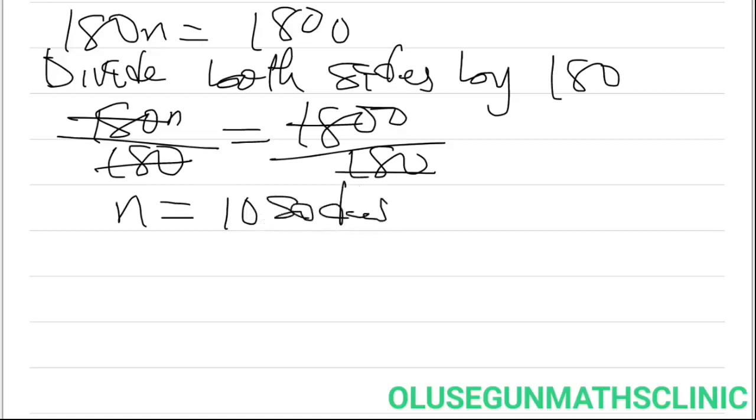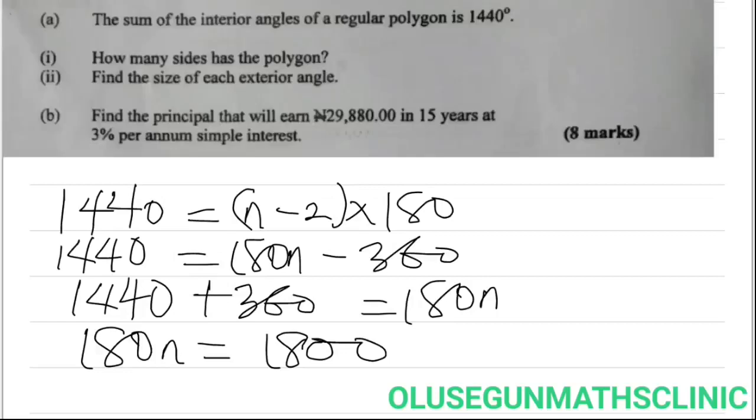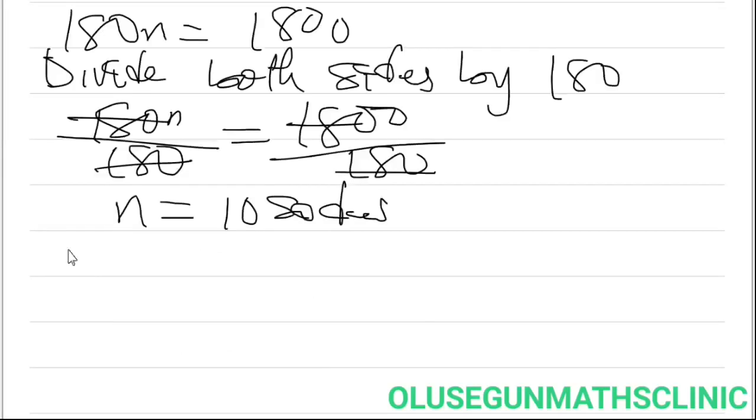According to the question given, it asked how many sides the polygon has. The second question says to find the size of each exterior angle.